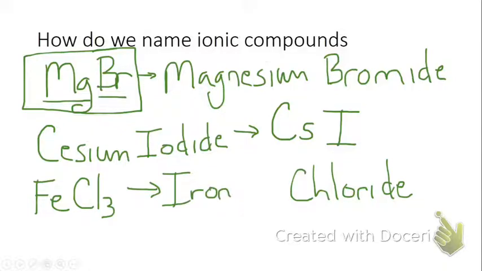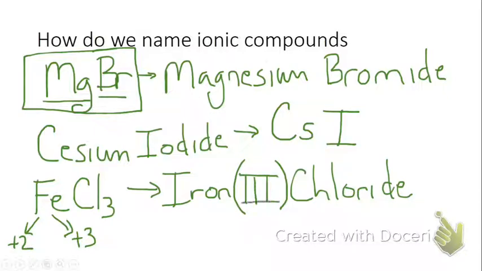But since iron is a transition metal, it occurs in the metals in the middle of the periodic table, we have to add another bit of nomenclature. So iron can adopt either a +2 state or a +3 state. And so we have to distinguish between the two when we name it. In this case, it's iron 3 chloride.